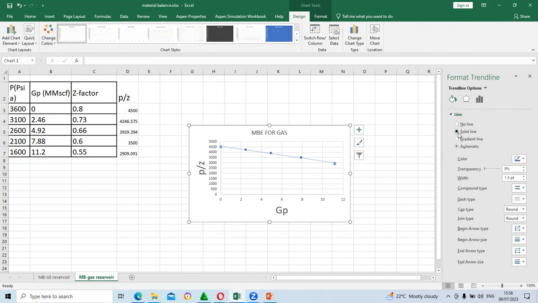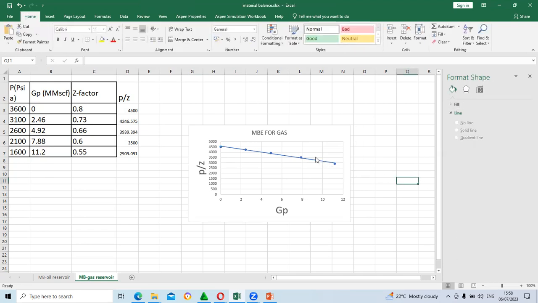I'll take it as solid lines. The color blue is okay. Take it out, yes, like that, and then, all right, that's okay.